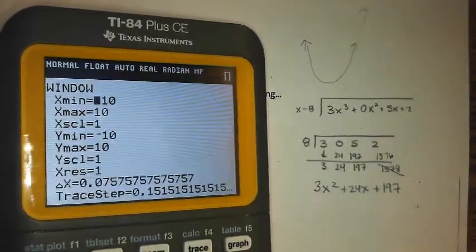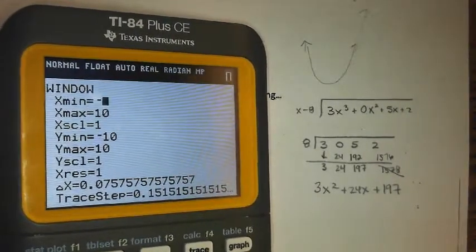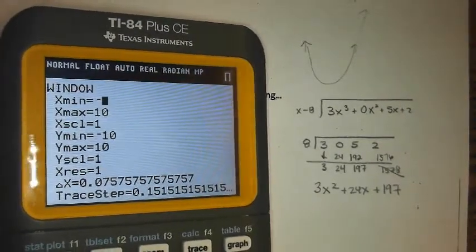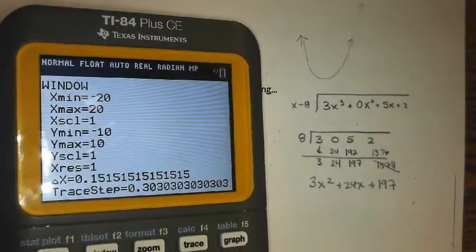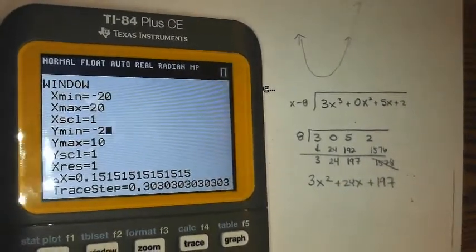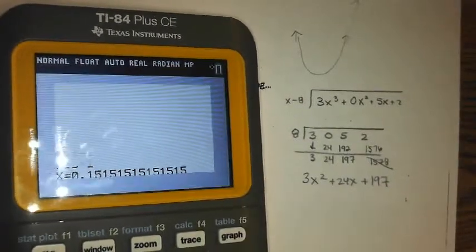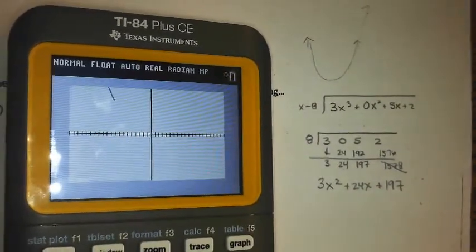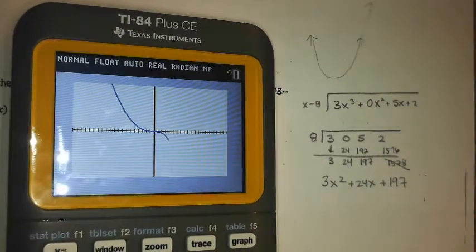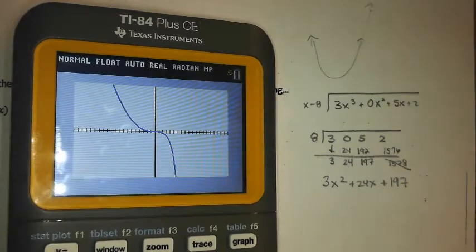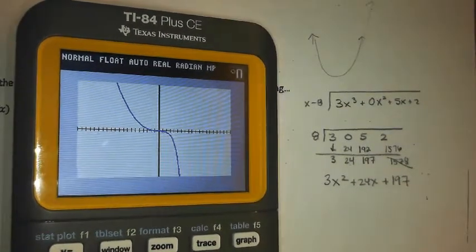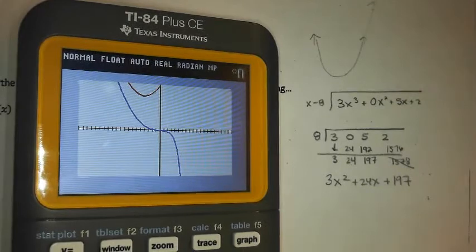So I'm going to go negative 20 to 20, and then I'm going to go negative 200 to 200. So here's my first graph, which still has not turned around, and there is my asymptote.